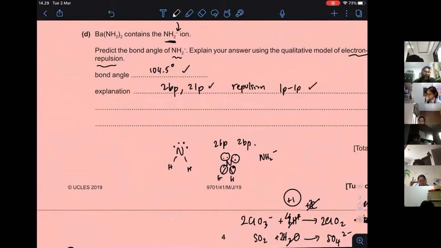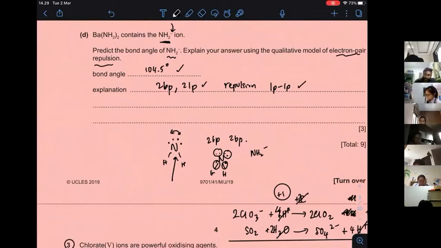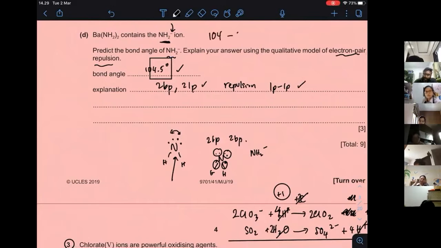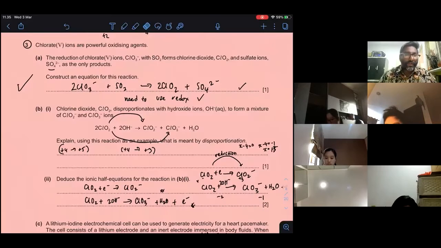That will make the bond angle that we measure over here become smaller than expected. So please remember that. The answer key does accept 104 to 105 degrees.